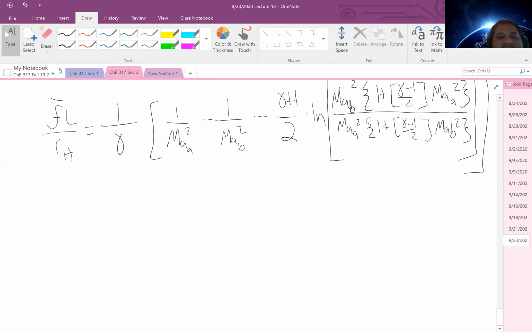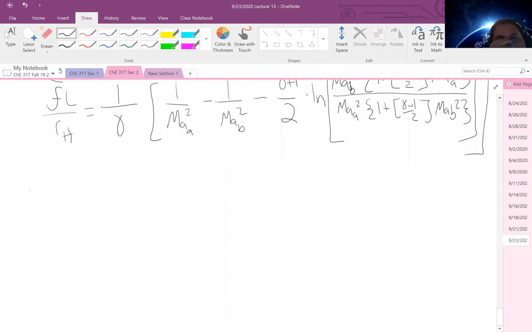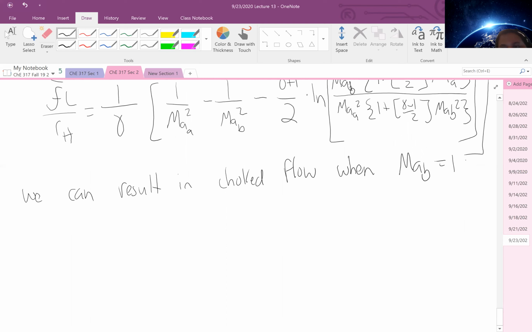And so one thing that we can consider is the result in choked flow, where the Mach number at point B that we're considering is equal to 1.